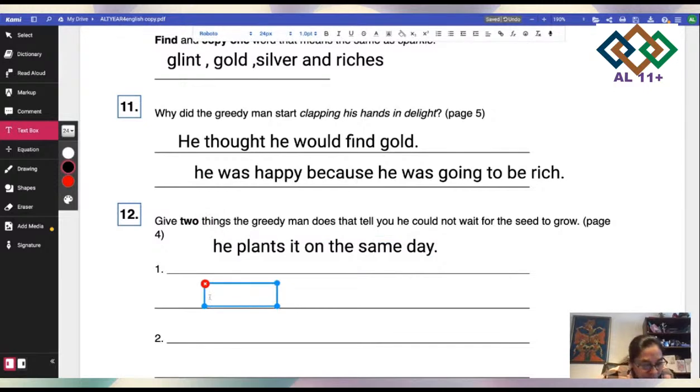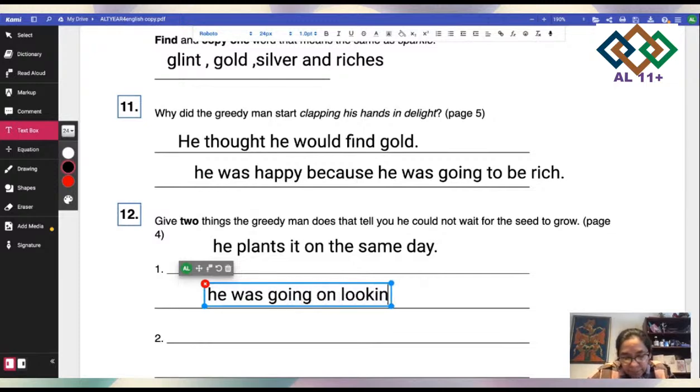Another reason you could give is that he kept walking up and down and he was looking for signs of growth. He was going on looking for the signs of growth.